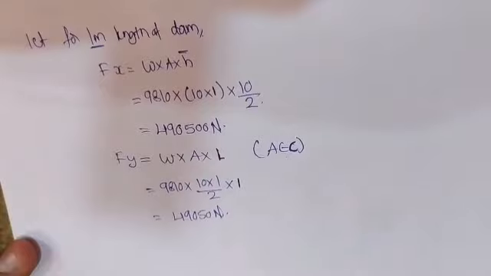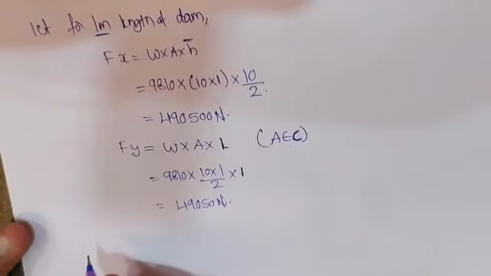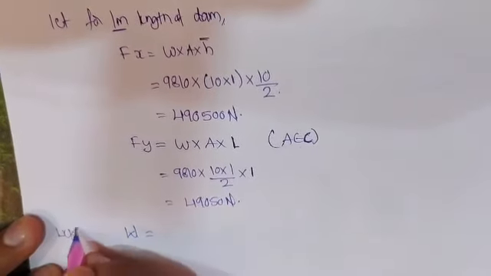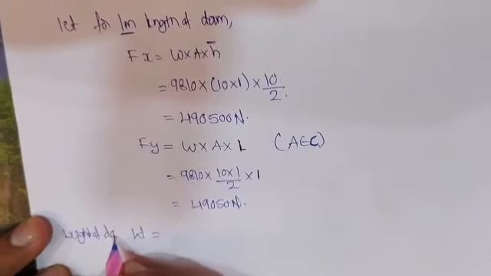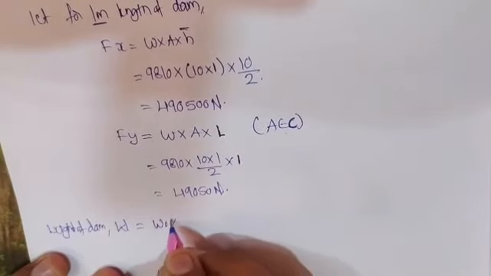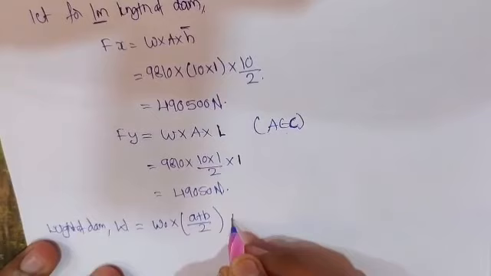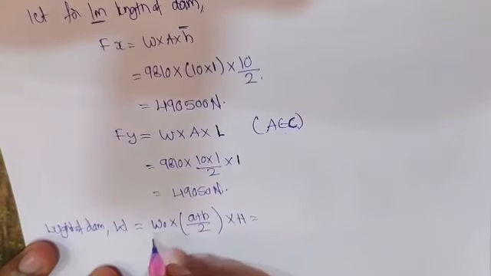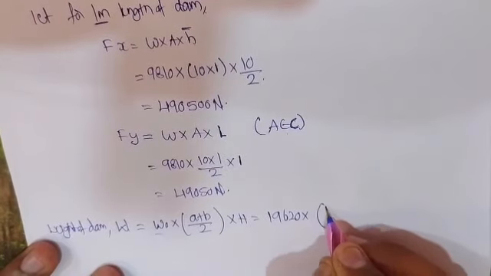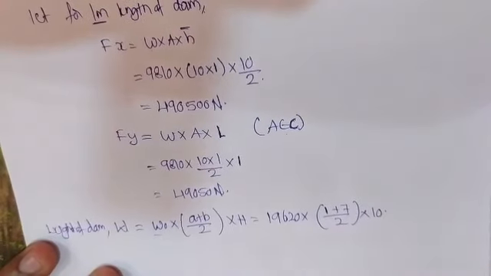So the values of Fx and Fy we have calculated. Now the weight of the dam we are going to find out. The weight of the dam, W, is equal to W naught, the weight density of the dam, into the area, so it is going to have two bases now, (A plus B) by 2 into capital H. The weight density is given in the problem itself, that is 19620, into A value is 1 and B value is 7, by 2, into H is 10 meters.